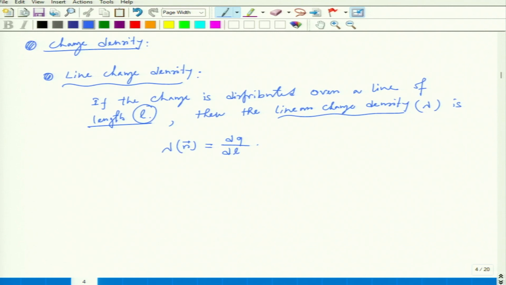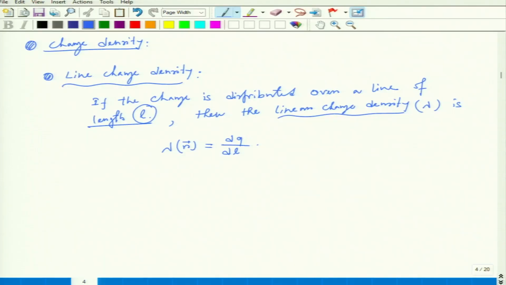Here we consider that the charge is distributed over a line. Let us consider a rod with charge distributed over it. In this case the distribution function may not be uniform, which is why we define the linear charge density as a function of r. It depends on the distance from the center of the rod, or maybe from the ends of the rod, so it may not be uniform.